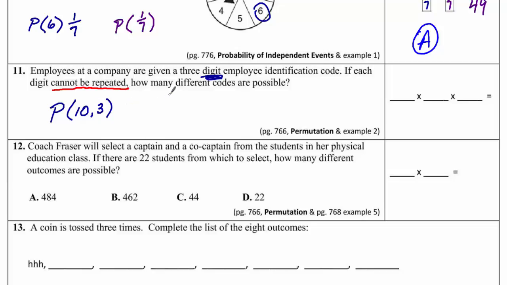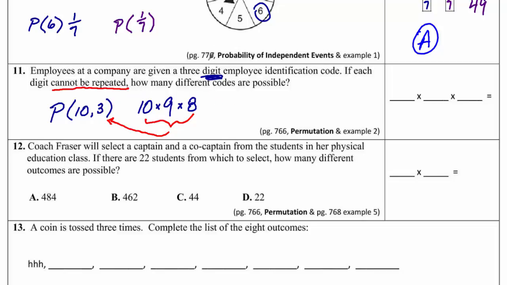So the way that we solve that is we take the 10 possibilities. You pulled one digit out. Now there would be 9 ways you could organize it. Pull one more digit out. Now there are 8 ways you can organize it. This is this 3, right? The 10 digits tell us how many different things there are possible.